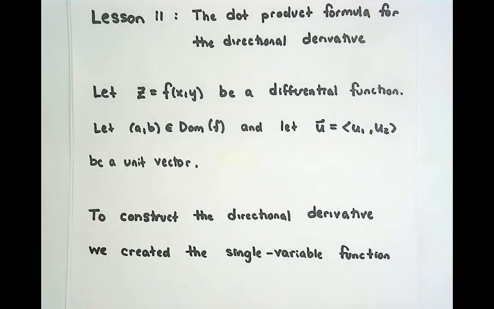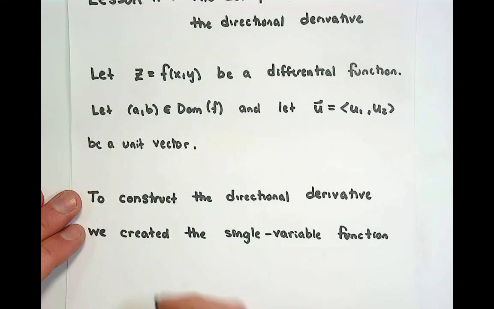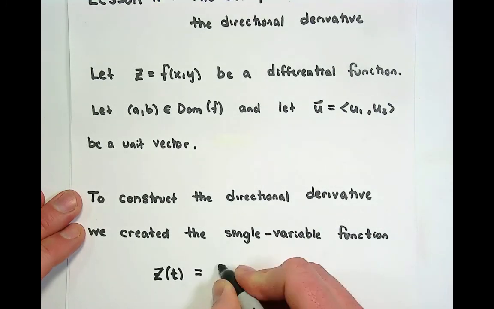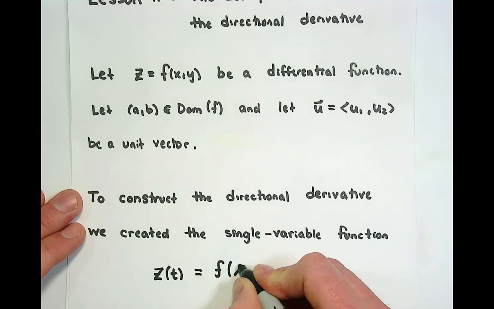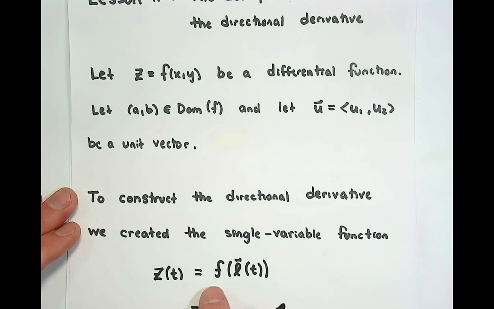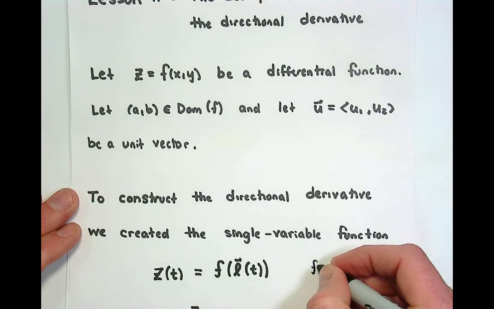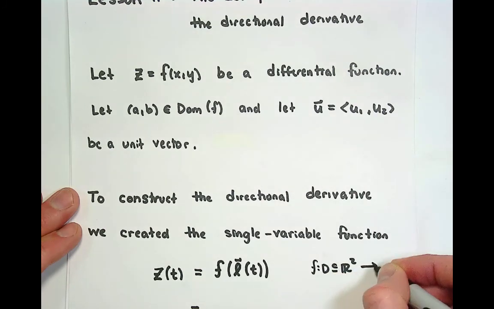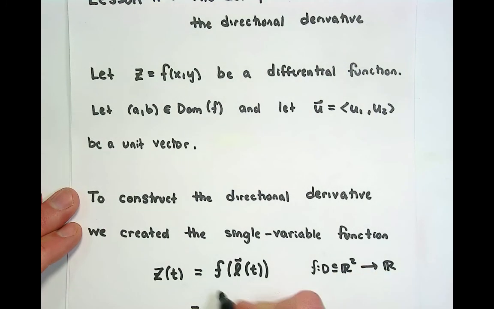To construct the directional derivative, we created a single variable function, which we'll call in this video z of t. And z of t came from evaluating the output of our function f along a line through the point a b in the direction of u. Notice that since f was a two-variable function, we indeed needed an input that was two variables.